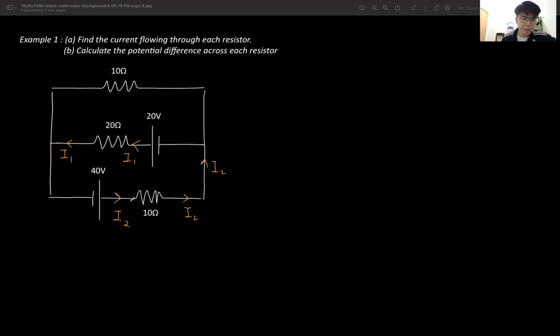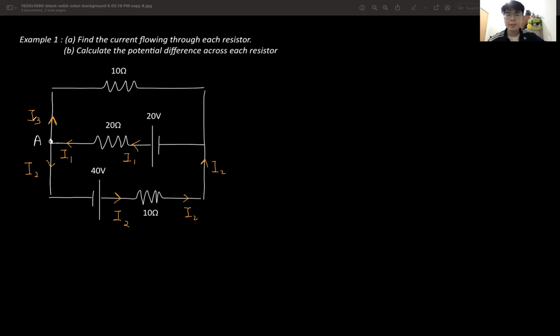So if this is I2, I2, I2, and here is also I2. Now focus on the junction. The first junction, let's call this junction A. How many current coming in? I1 is going in the junction, and then I2 down here. I can label the current in this junction, current leaving junction I3.